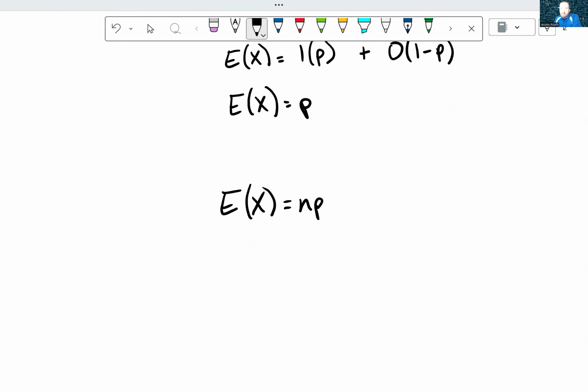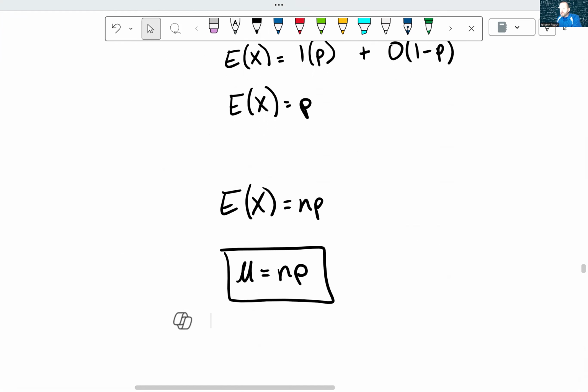And this gives us the binomial mean formula. So for binomial, the mean is equal to np. And we're going to be using that formula. I just wanted to show you a quick proof of where this formula is coming from.